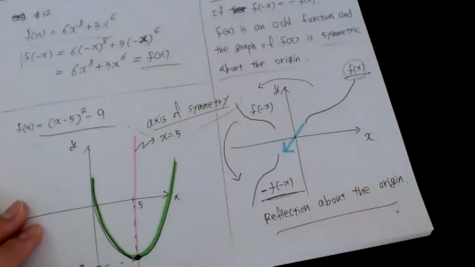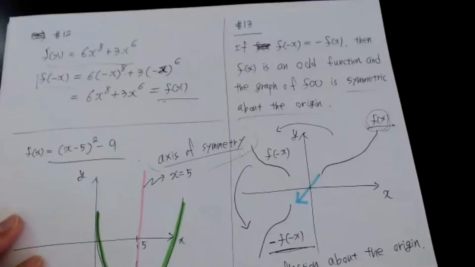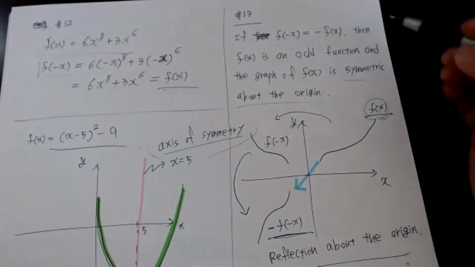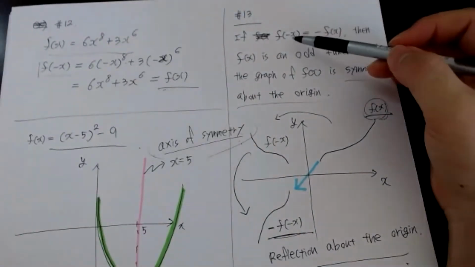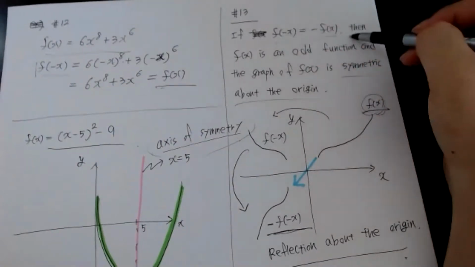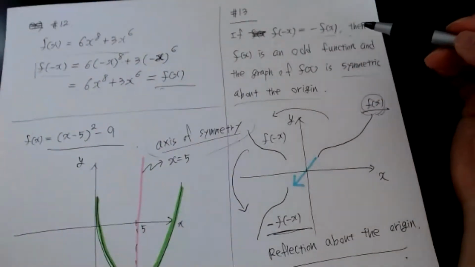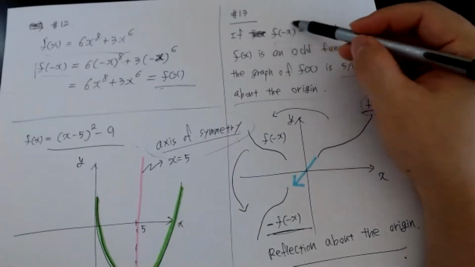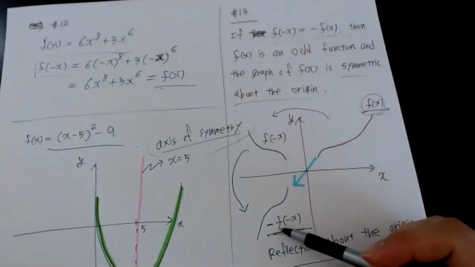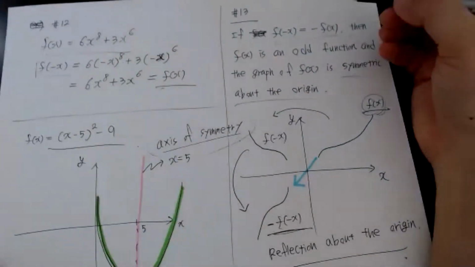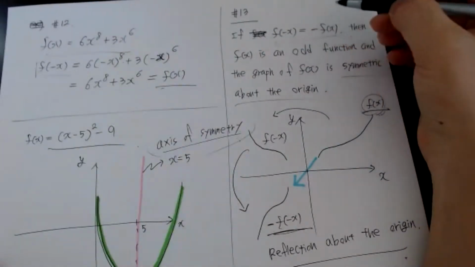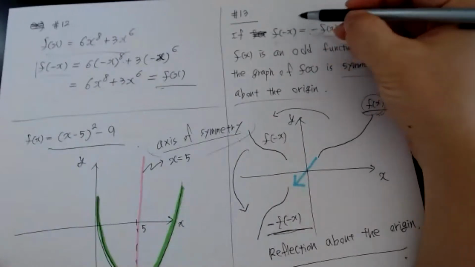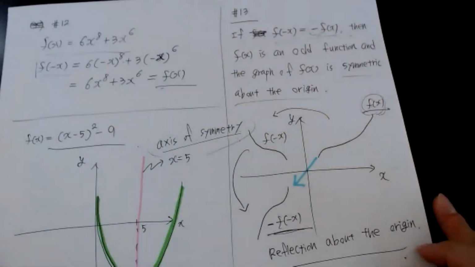Now, you may say that in the definition of an odd function we have f of negative x, but here we have negative f of negative x, where the negative sign is gone. If you move the negative sign to the left-hand side, what does that mean?